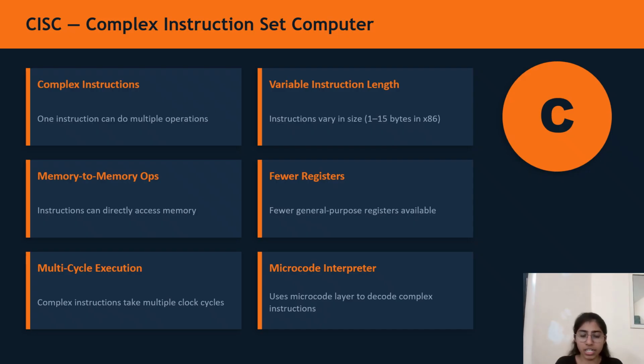Sixth, the microcode layer. CISC uses a hidden layer called microcode, which internally breaks the complex instruction into smaller micro-operations before executing it. Further, the comparison between both of them will be carried out by my partner Vaibhavi Karya.